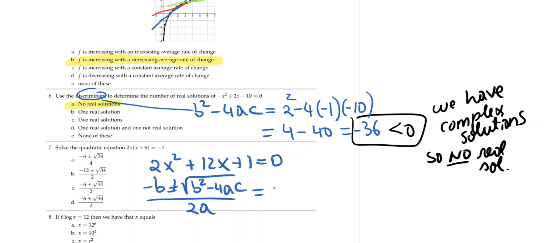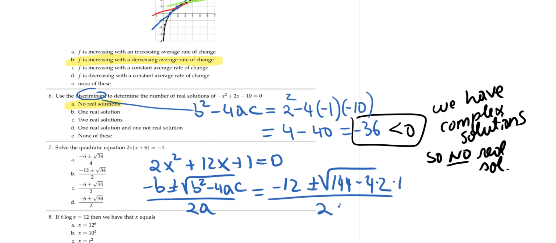Alright, so b is 12. So it'll be -12 plus or minus the square root of 12 squared, which is 144, minus 4 times a is 2 and c is 1, over 2 times 2. So then this will give us -12 plus or minus the square root of 144 minus 8, 136, square root of 136 over 4.